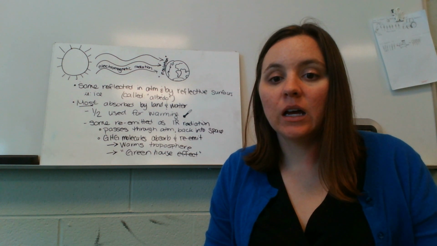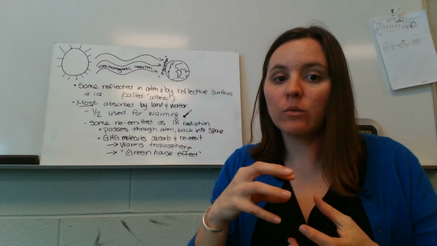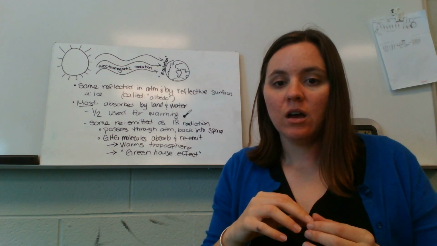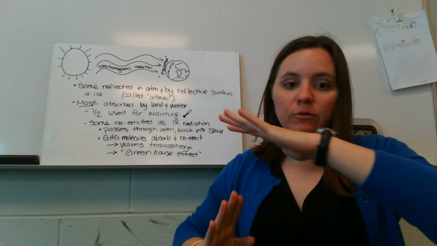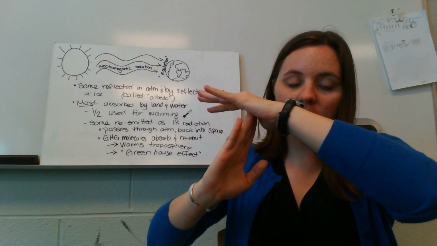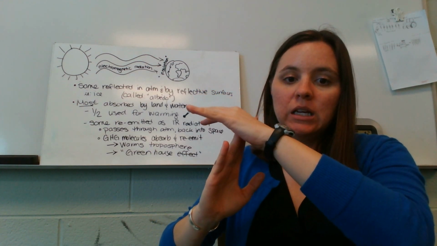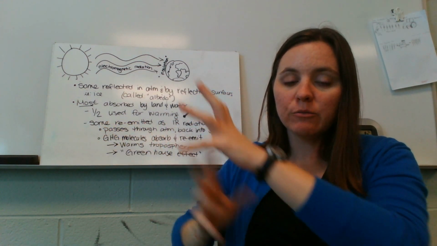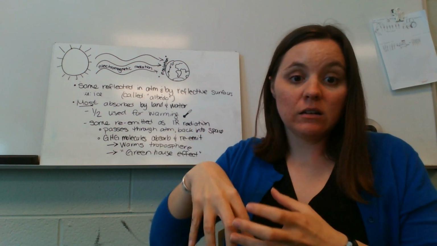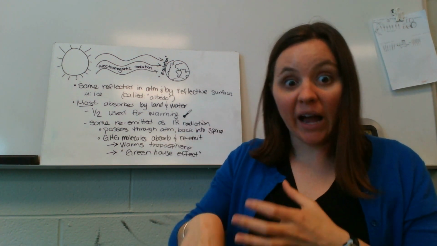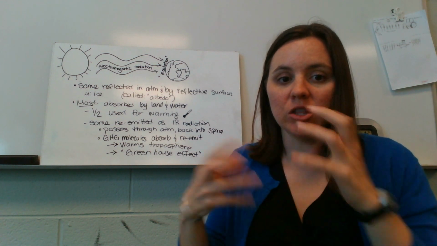But then some of that re-emitted infrared radiation gets trapped by greenhouse gas molecules. So the infrared radiation is trying to leave, and the greenhouse gas molecules block it. And then they reflect it, re-emit it in all different directions. And so that energy comes back to the surface of the Earth and stays in the troposphere.